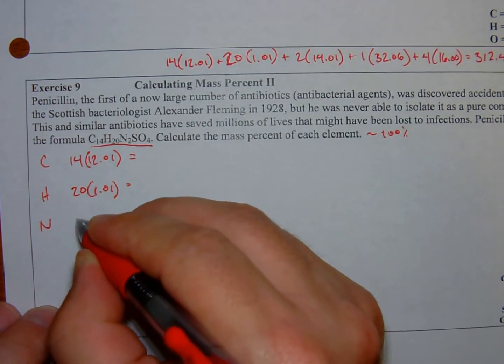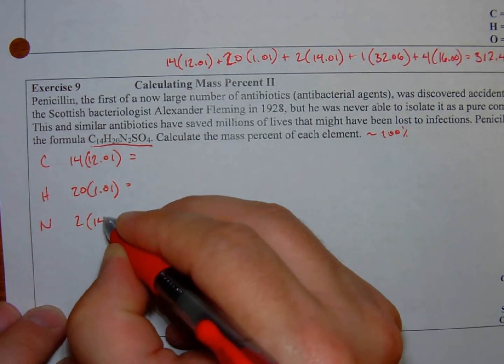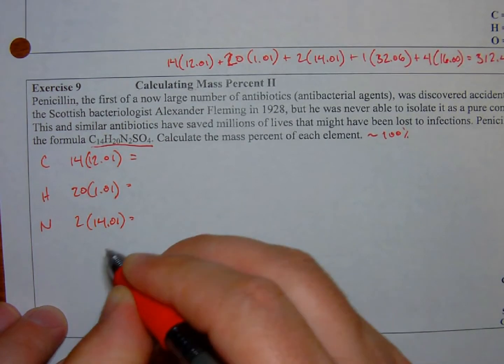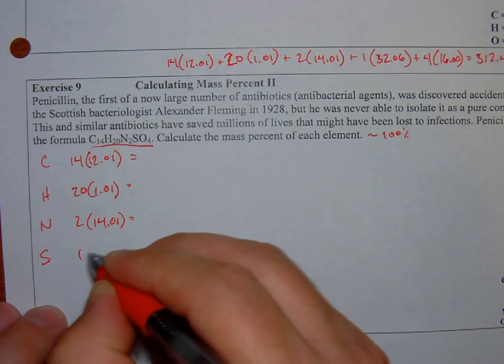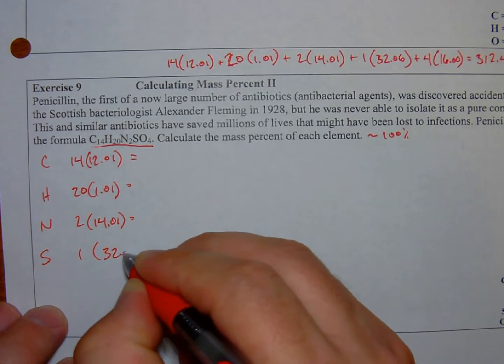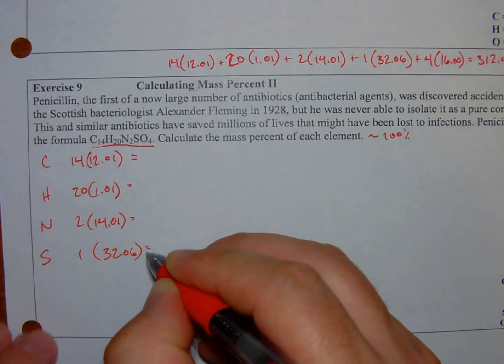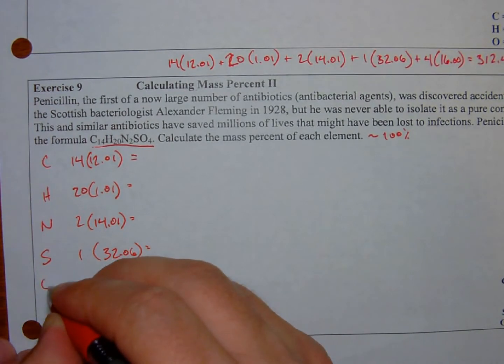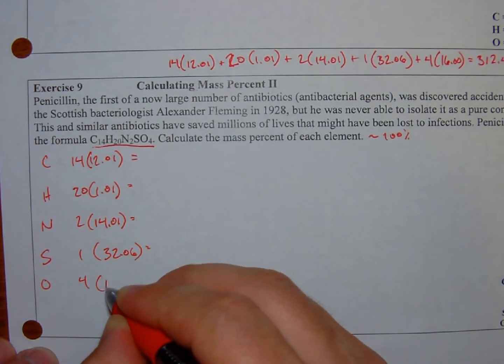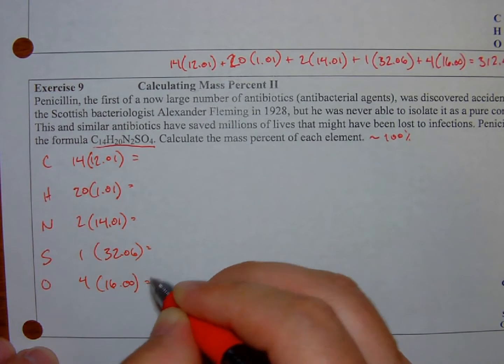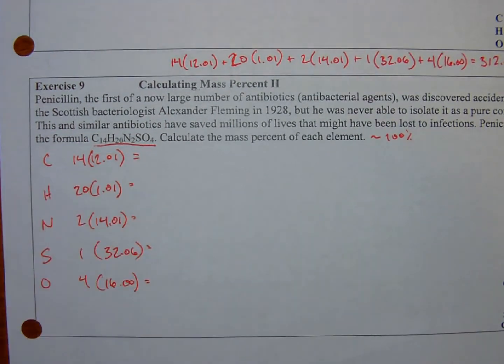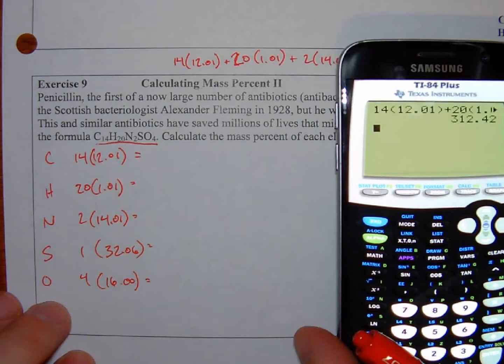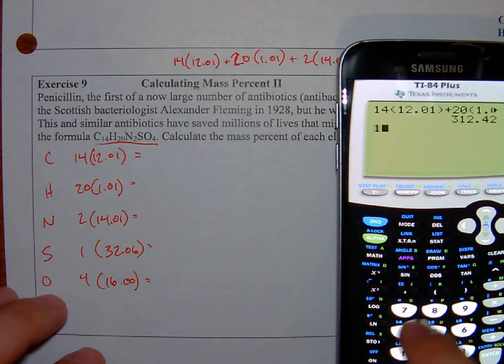And for nitrogen, there were 2 nitrogens. For sulfur, there was 1 sulfur. Then for oxygen, there are 4 oxygens. Alright, now all in one fell swoop, we'll get these.